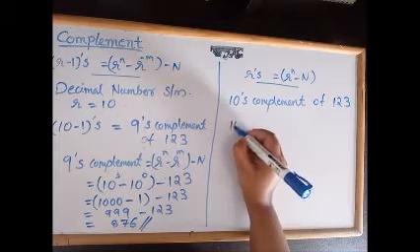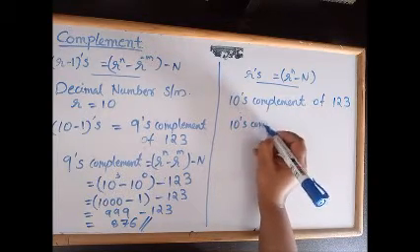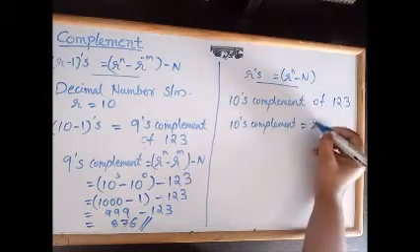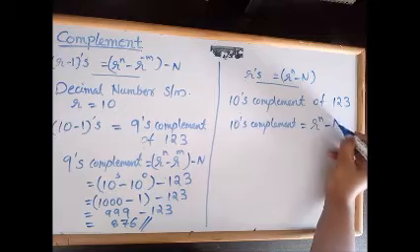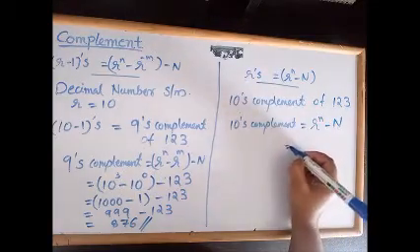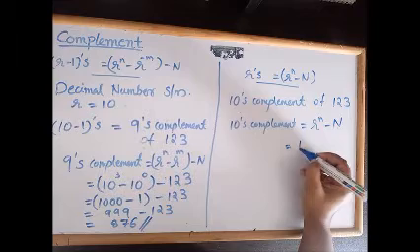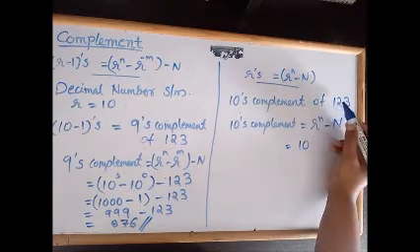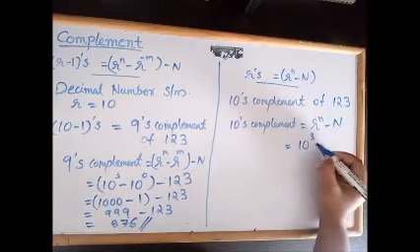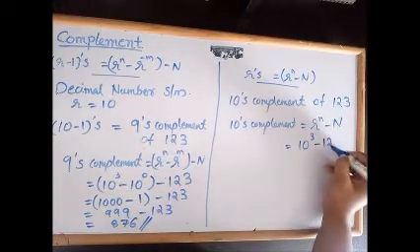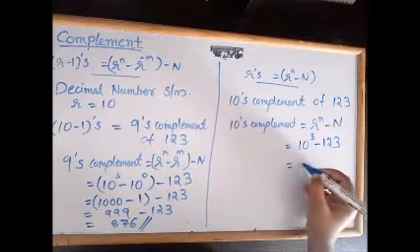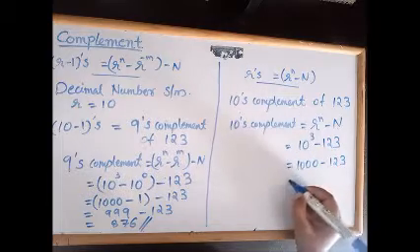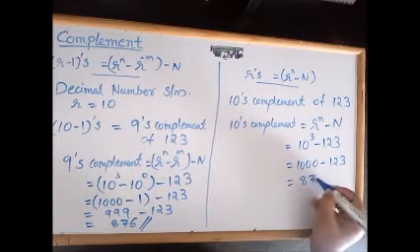The 10's complement is equal to r raised to n minus N. For the decimal number system, that is 10 raised to n, where n represents the number of digits, that is 1, 2, 3, minus N, which is your number, 123. That is equal to 1000 minus 123, which is equal to 877.